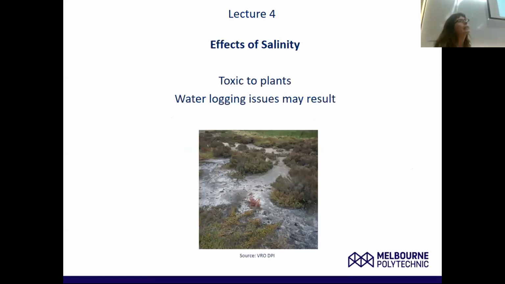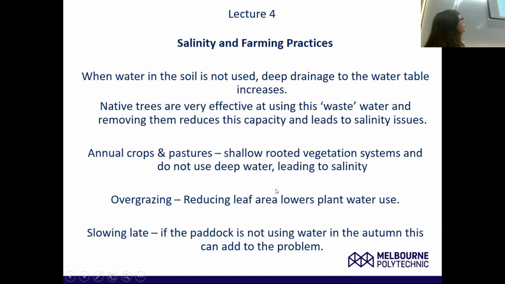The effects of salinity, well, I think we've all seen it really, but there's an image of quite extreme saline areas, and this was taken off the Department of Primary Industries website as an example.